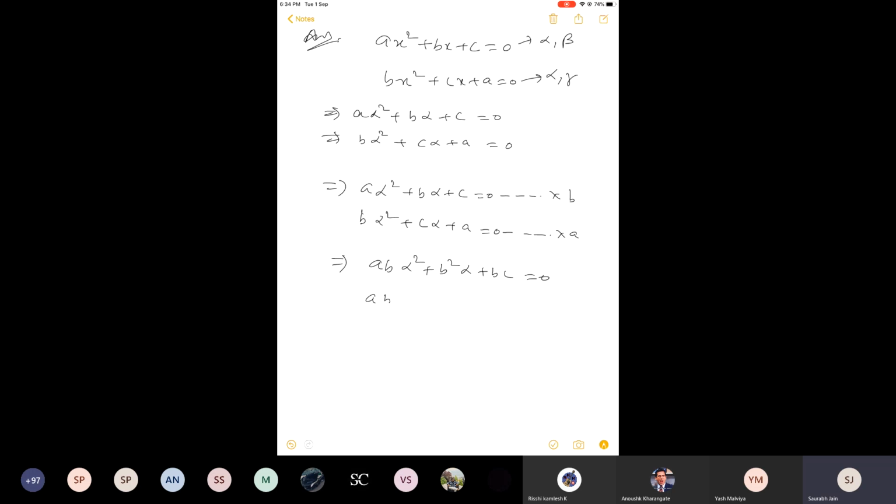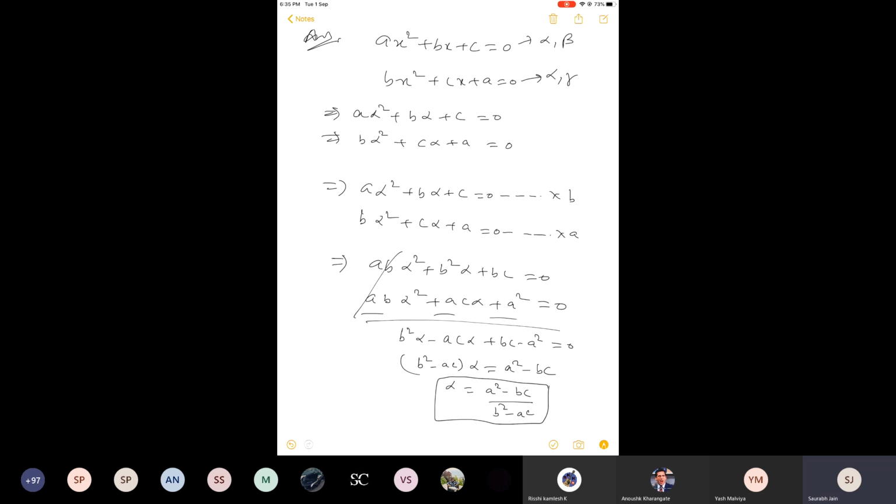This equation will be ab alpha square plus ac alpha plus a square equals 0. Let us subtract. This will be cancelled. Okay. So this is now b square alpha minus ac alpha plus bc minus a square equals 0, which will give you b square minus ac times alpha plus. We can shift these terms to the right hand side, and as a result we have got the value of alpha.